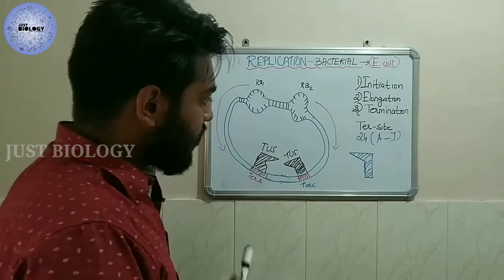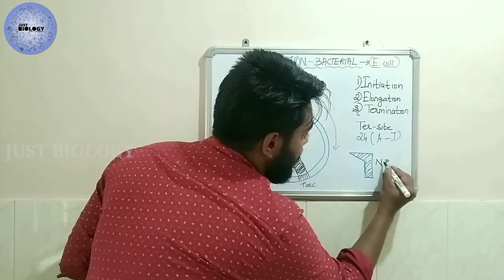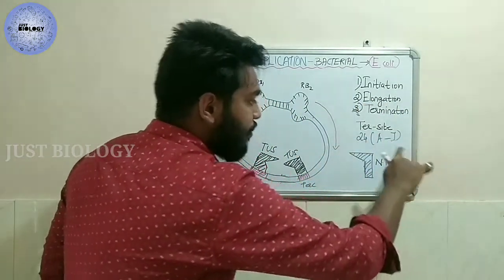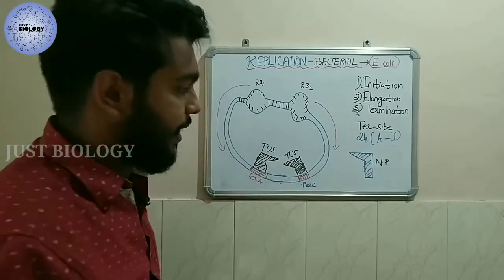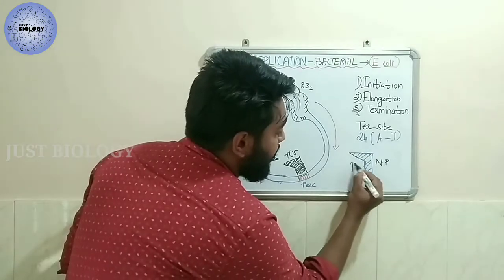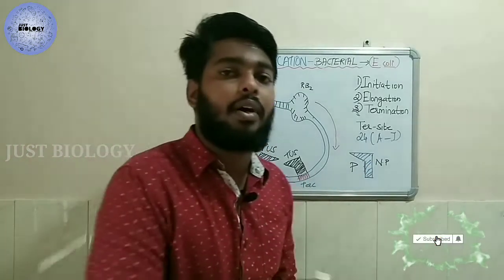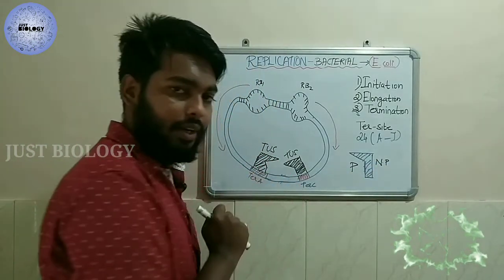I told you it has got two ends. So this end we can call the non-permissive end. That means the DnaB protein cannot pass through the non-permissive end. So that is the idea. So this is the permissive end. This permissive end will allow this B protein to pass through it. So these are the two ends which are present in the TUS protein.